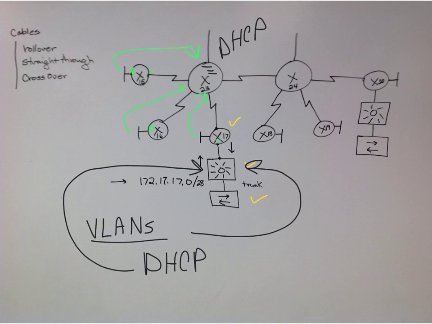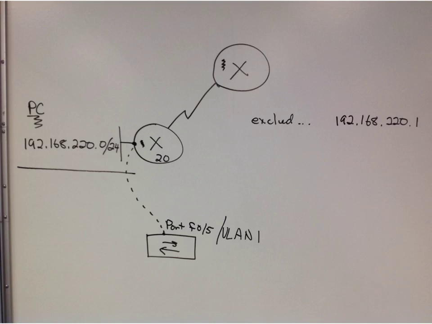Alright, so we did all that in one setup. It was in multiple labs where we did that work. Here's where we set up the DHCP here. It's for this network here, to get an address, come back.